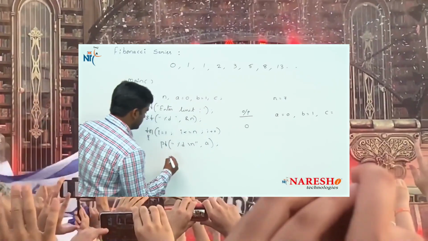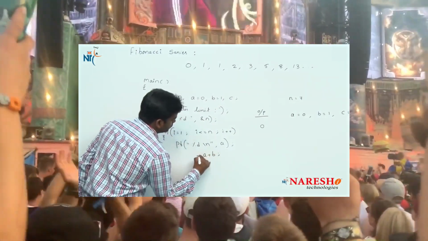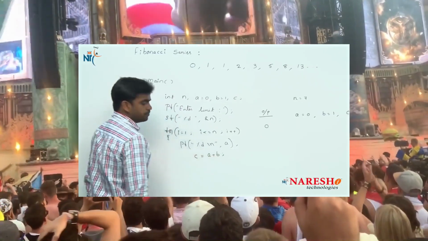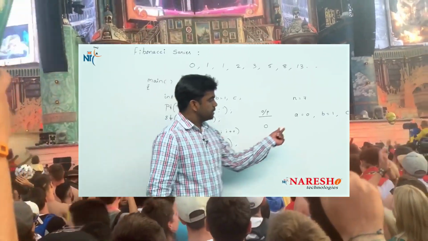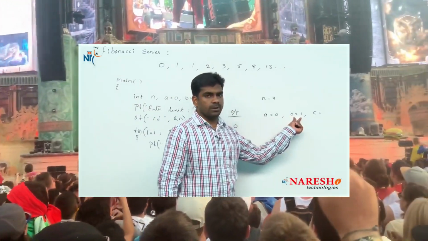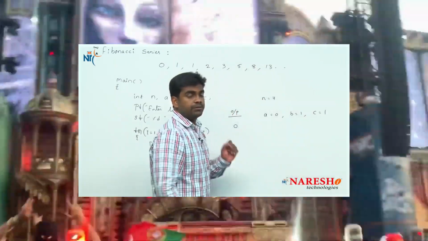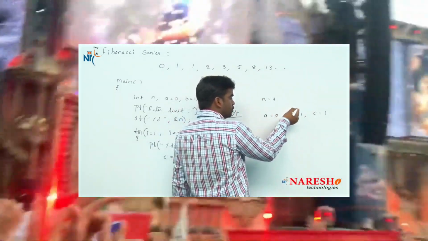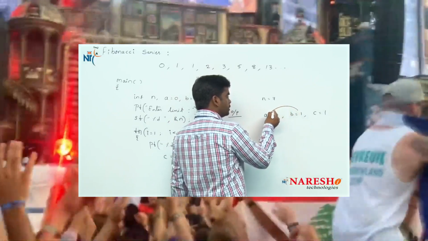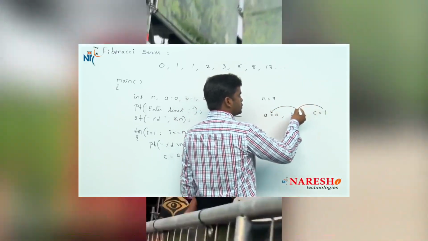The a value is 0, the b value is 1, 0 plus 1 is 1, which will be stored into c. After printing 0, the b value we should store into a, and the c value we should store into b.